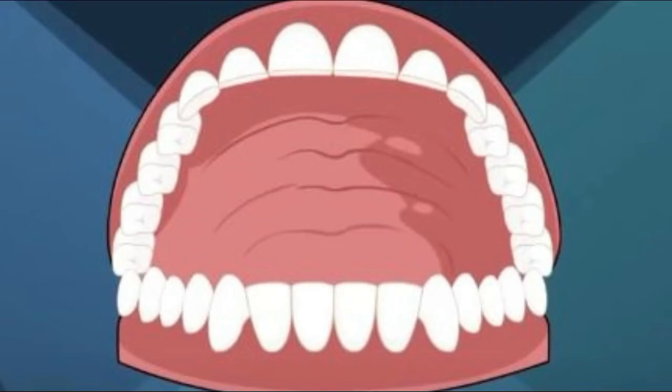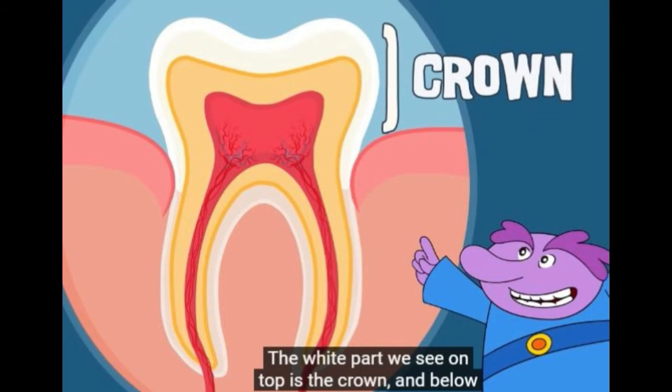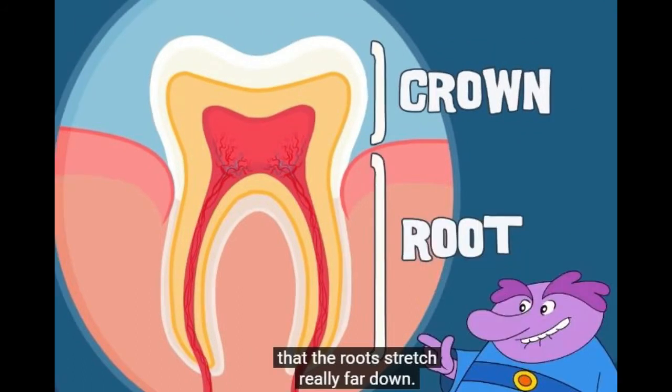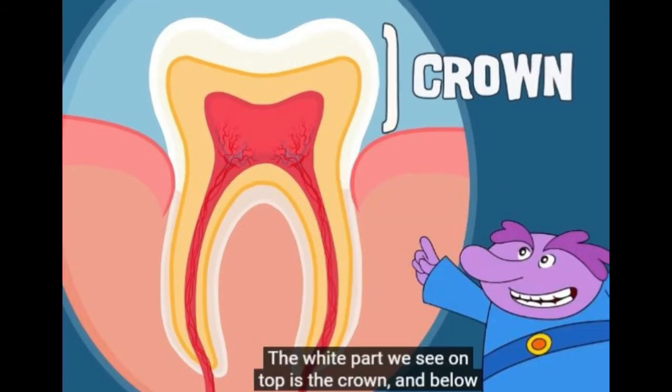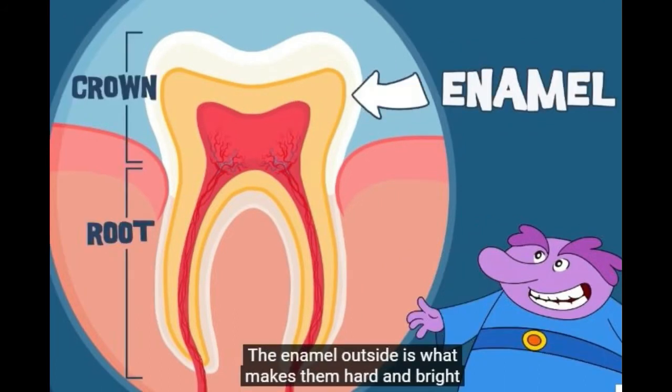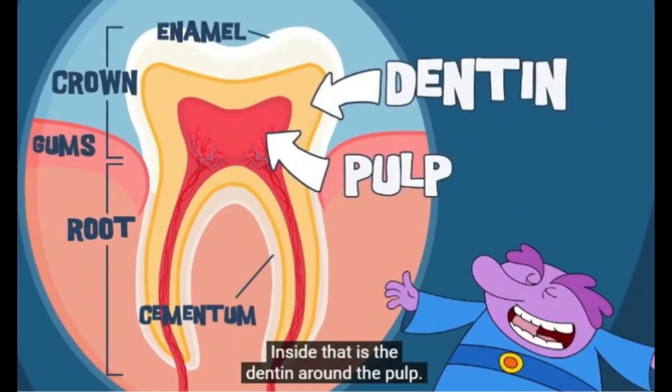Next, about the parts of teeth. We have two parts. One is visible and another is invisible. The visible part contains the crown. Crown has three layers. These are enamel, dentine and pulp.